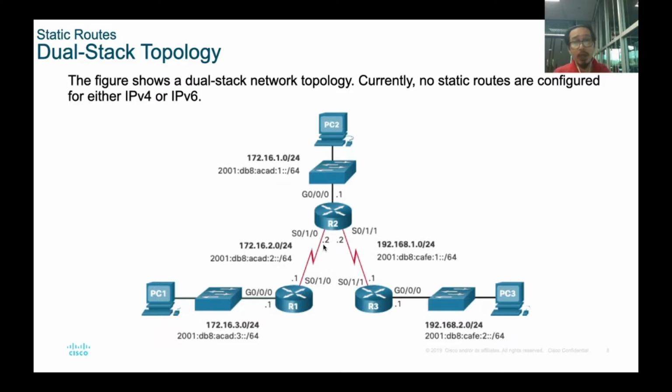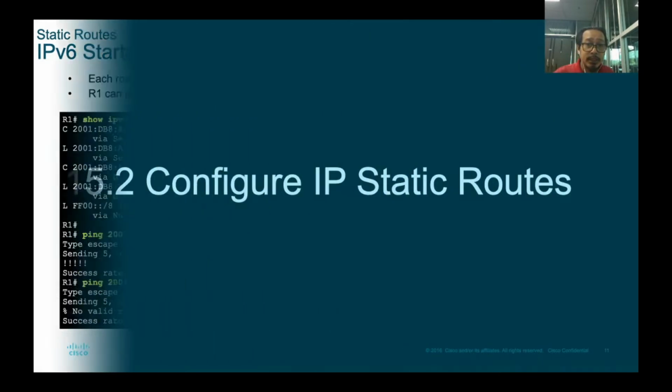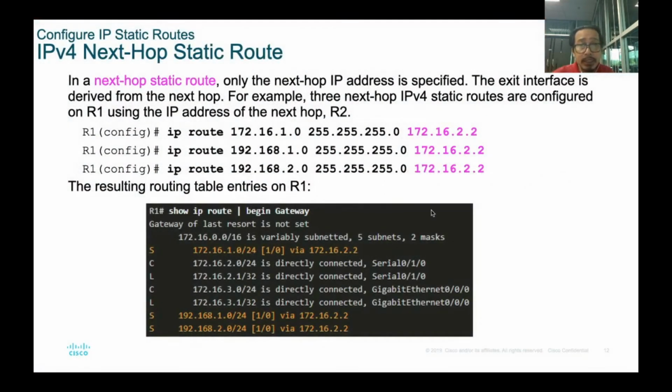And same for the other networks. For network 192.168.1.0 also must go through R2. For network 192.168.2.0 also must go through R2. That's why in here, the next hop is the same for all of these three networks.